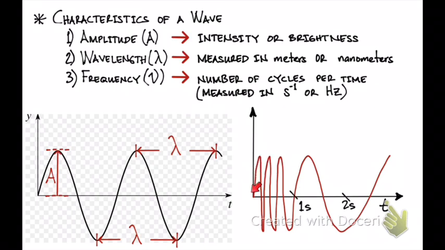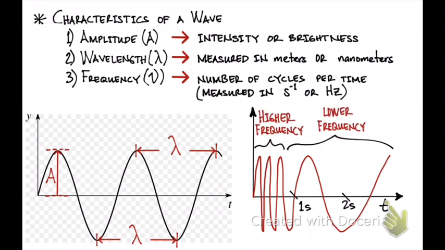In this one, we have many more cycles in the first second compared to the next second. So you have fewer cycles of waves here compared to the first second. In other words, you have lower frequency on the right compared to the one on the left. So we have higher frequency on the left because of the number of wave cycles per second, and lower frequency on the right because there are fewer cycles per second.